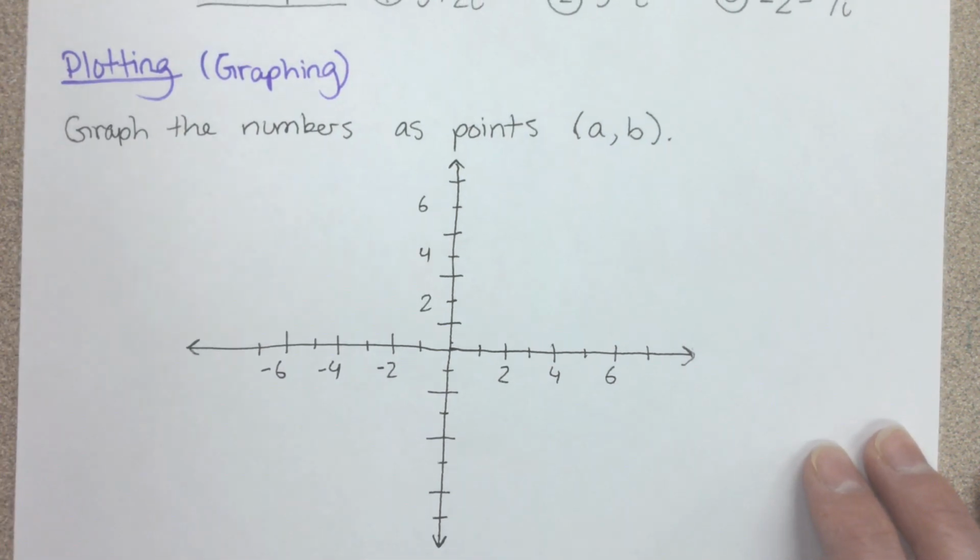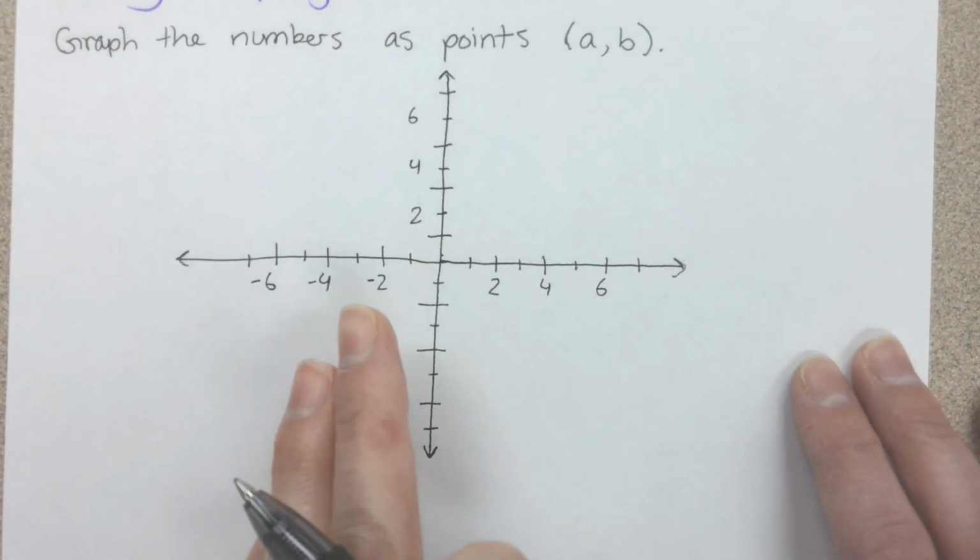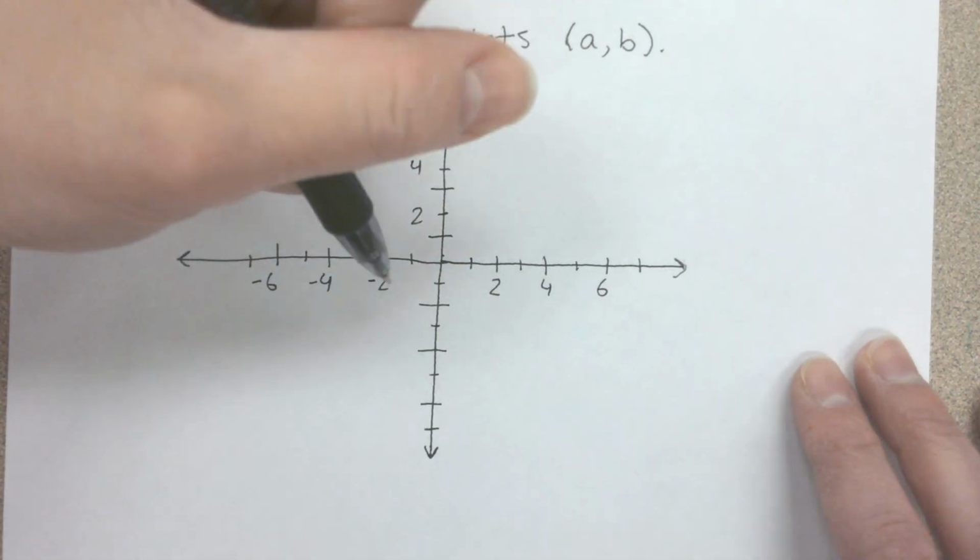And then you can label as little or as much of your axis as you like, as long as each notch stands for 1, that's fine.